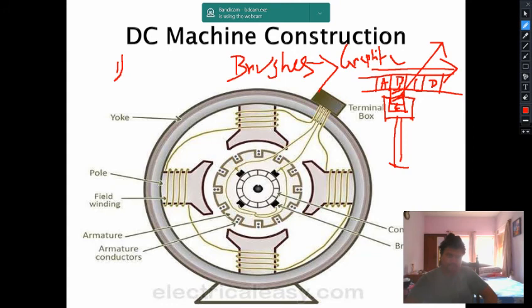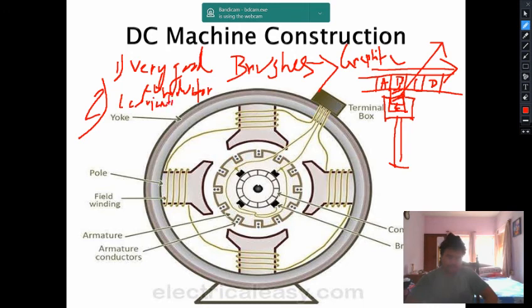Number one, very good conducting property. It is a very good conductor. And number two, lubricating property. So these are the two very important properties of graphite.